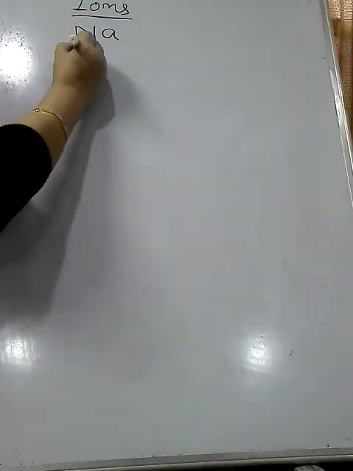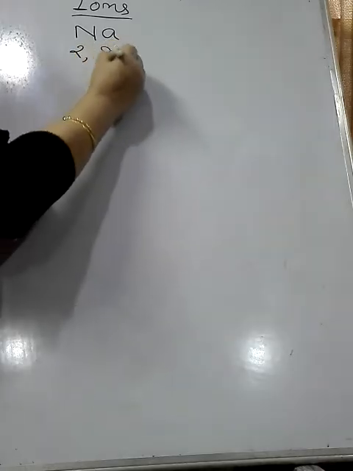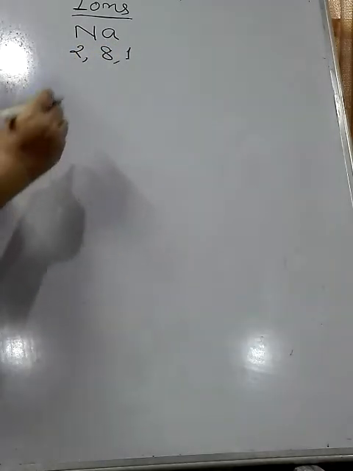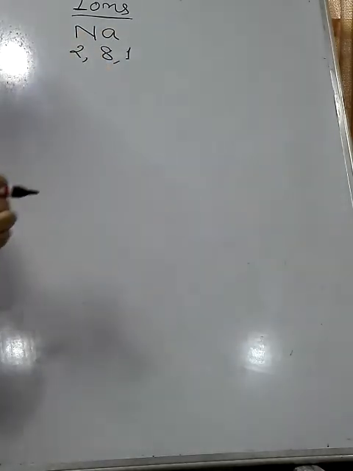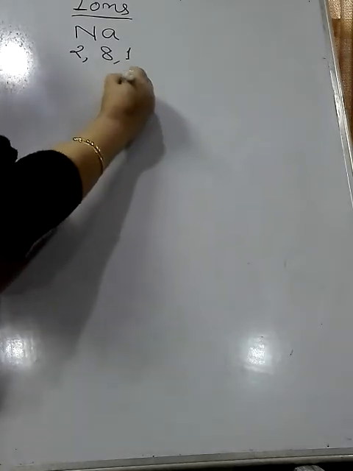So let me take the example of a metal. Suppose sodium. You know the electronic configuration of sodium is 2,8,1. This configuration is not stable. Sodium always has a tendency to take the configuration of its nearest inert gas, that is neon.